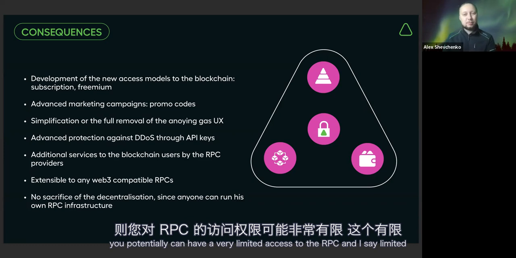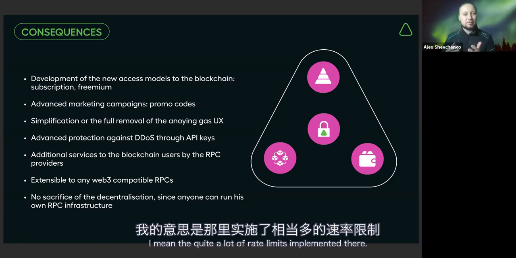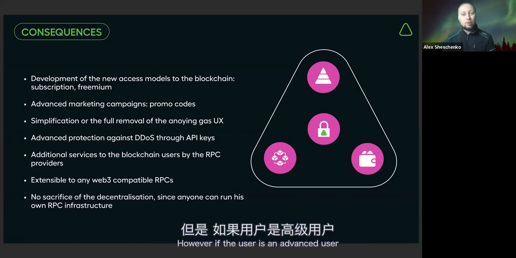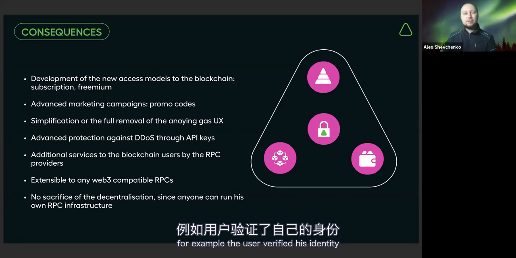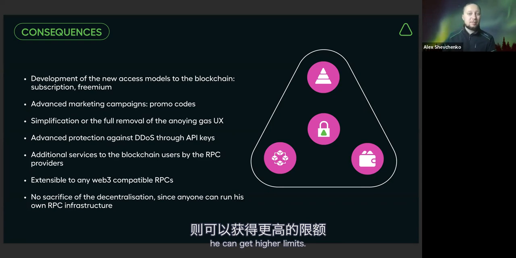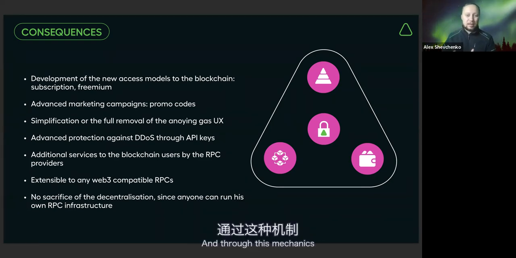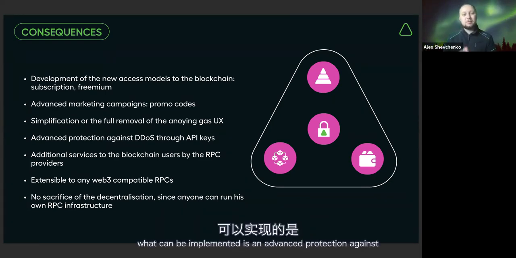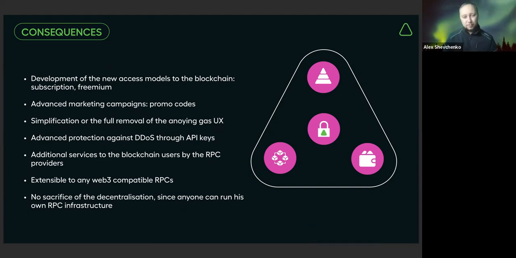And by limited, I mean quite a lot of rate limits implemented there. However, if the user is an advanced user, for example, the user verified his identity, he can get higher limits. And through these mechanics, what can be implemented is advanced protection against denial of service attacks.